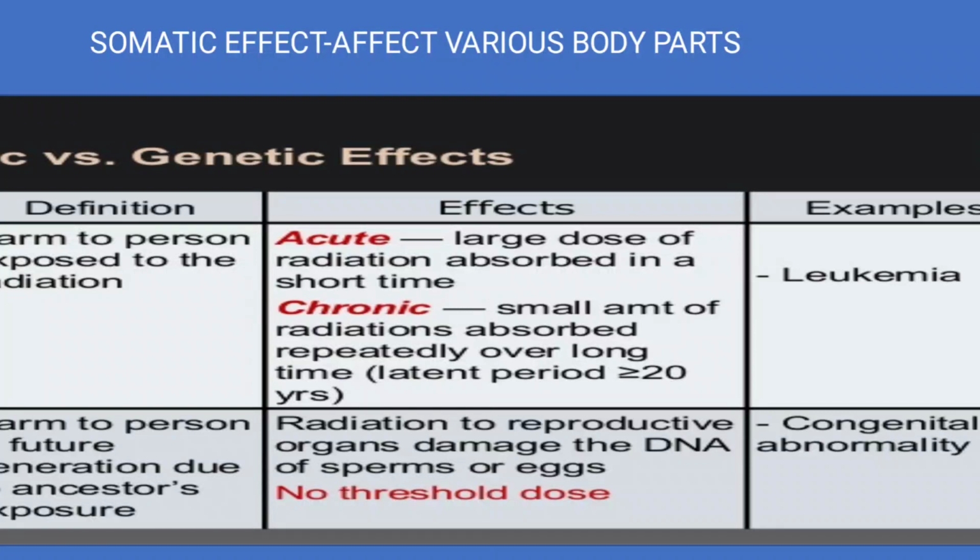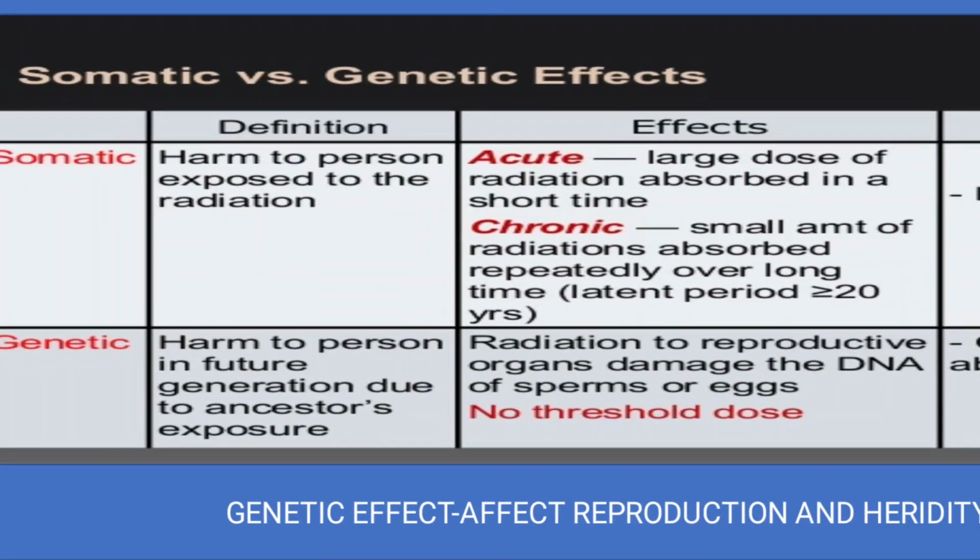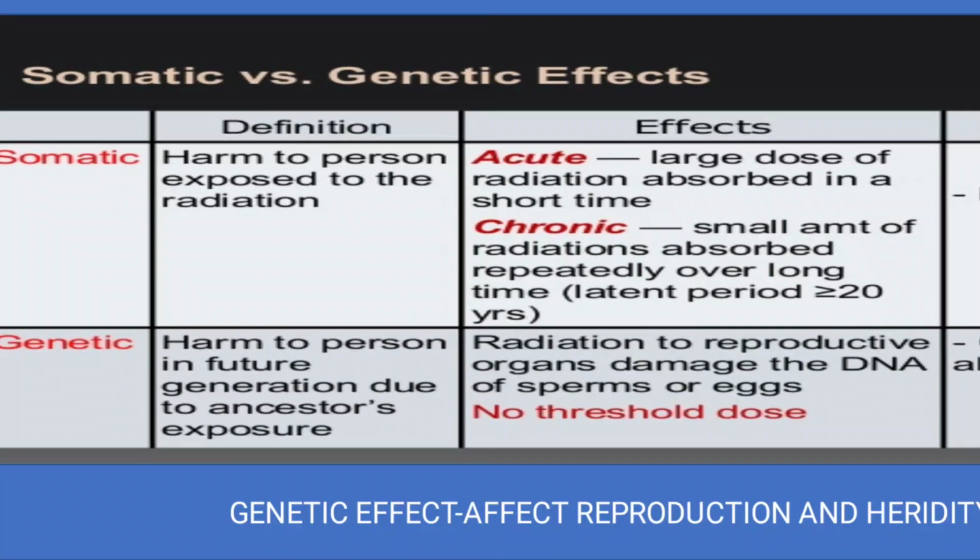So that will lead to different types of cancers, for example leukemia. So somatic effect affects various body parts, leading to cancer, for example leukemia. Then the second type of effect is called genetic effect, that is harm to a person in future generations due to ancestors' exposure.